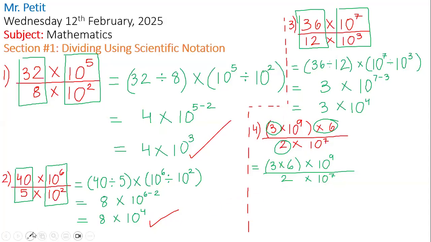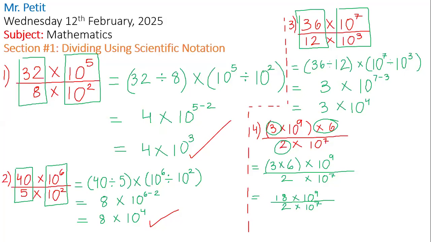It's going to be equal to, what is 3 times 6? That's 18. 18, very good, all over 10 to the 9. We have 2 times 10 to the 7, right?